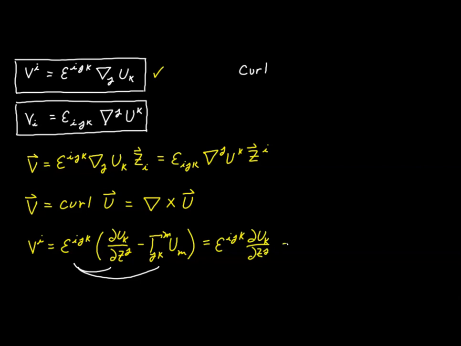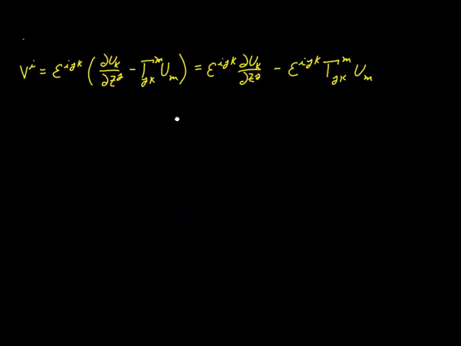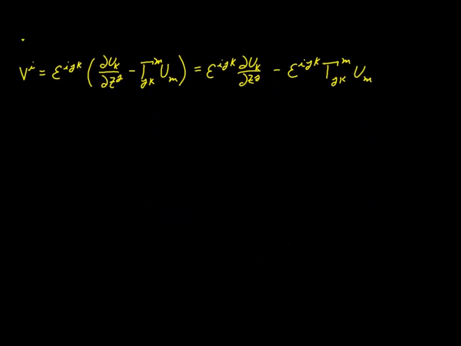And then we have the second term, epsilon ijk times gamma m jk times um. Now let's look more closely at this second term. We've got epsilon ijk times gamma m, j, k, u, m.